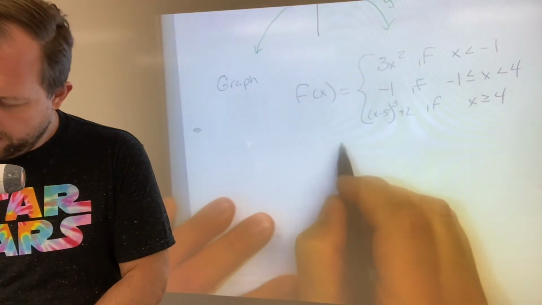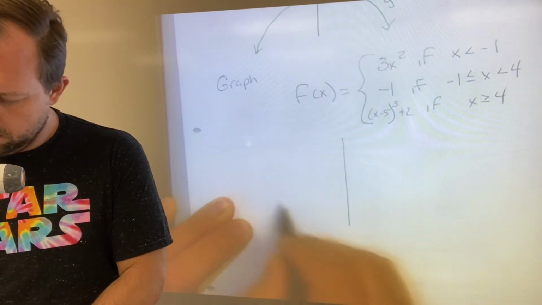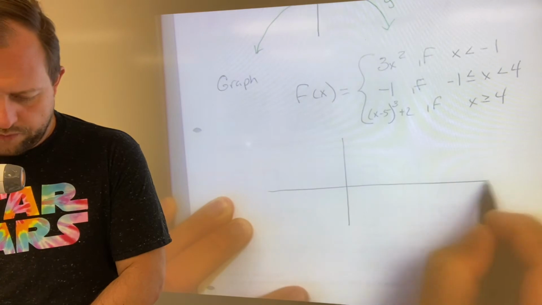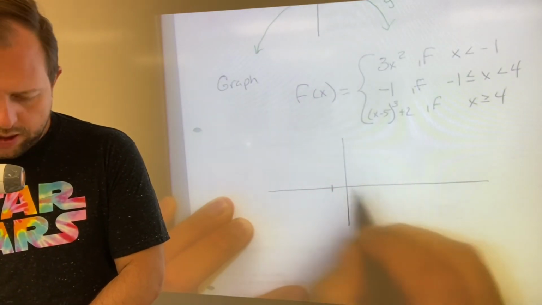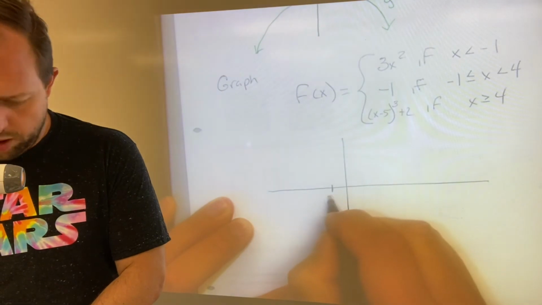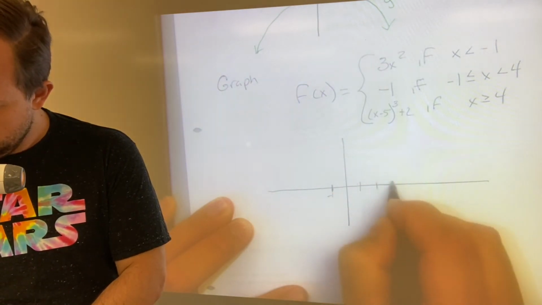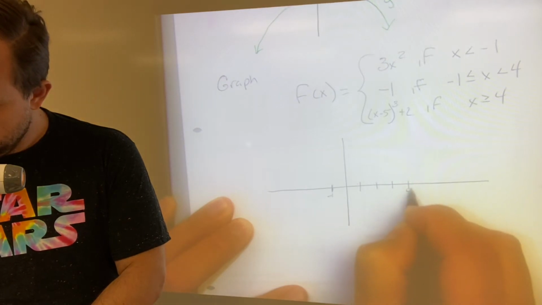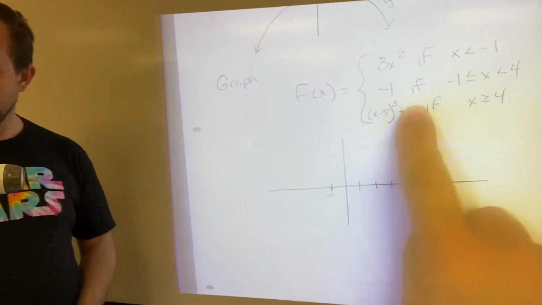For our graph, we've basically got -1 and a +4. Okay, the easiest part is the middle piece.